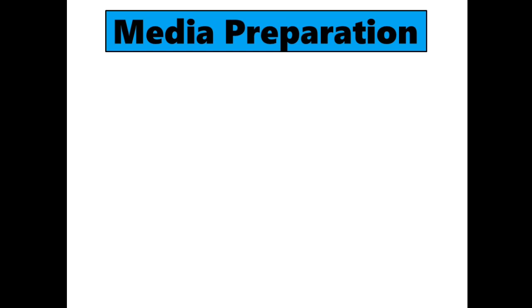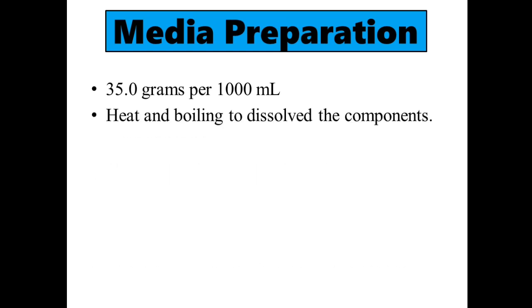Let's see the media preparation. It's very simple. First of all, you need 35 grams of the dehydrated powder of the pyruvate broth in 1000 ml. If you need 1000 ml, you have to use 35 gram. According to this calculation, you can prepare the media as you wish.